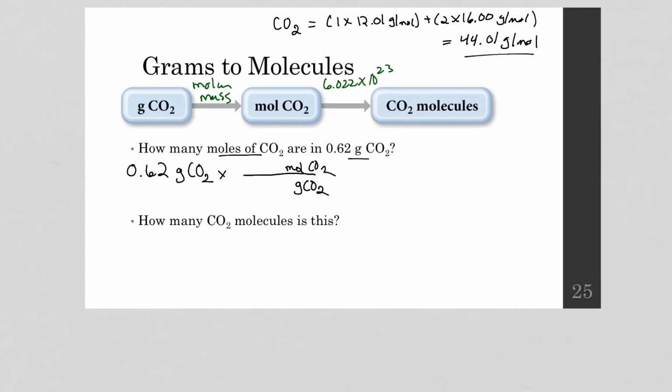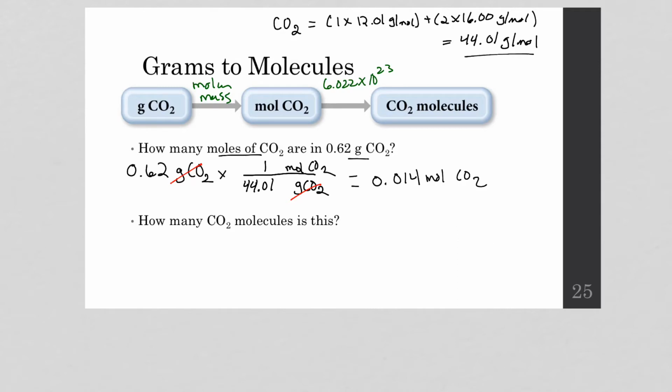So I'm going to plug this in, and that's 1 mole per 44.01 grams. Of course, here my grams of CO2 cancel, and then I do my math, and it turns out that I end up, to 2 significant figures, with 0.014 moles of CO2.